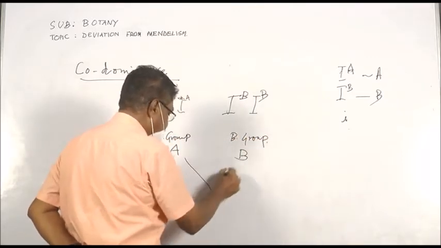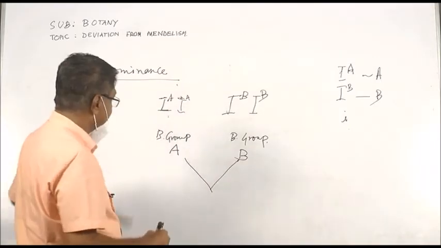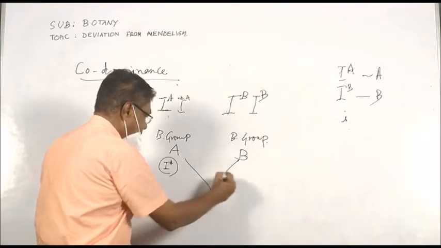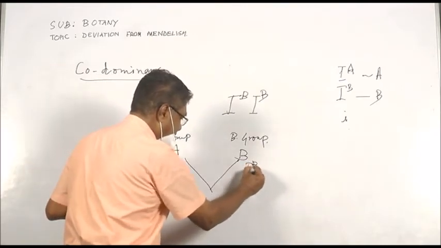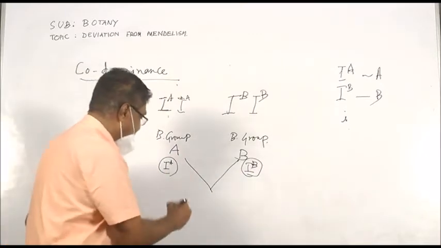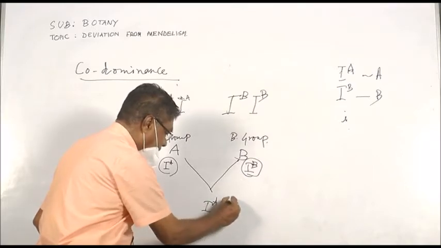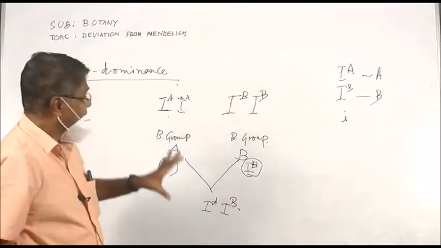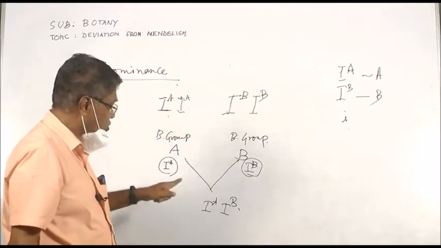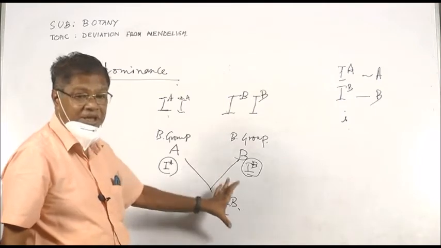But when these two are together, we get IA from one parent and IB from the other parent. So, we get a hybrid which is IA IB. Now, it is a case of codominance, I told you. So, here we find that IA IB are together.